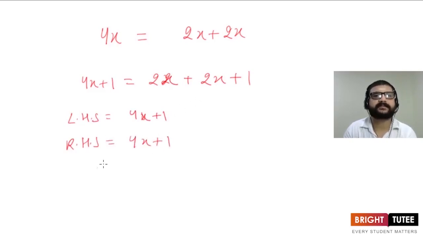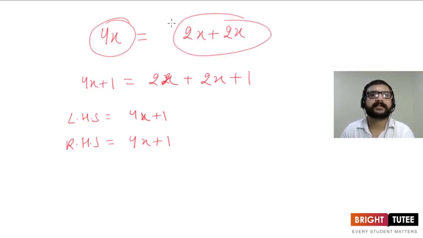So it will be 4x plus 1. So LHS is equal to RHS. The equation is balanced. Hence all these conclusions are true for equations including variables also. Whatever we are doing, we have to do on both the sides of the equation. The equation will remain balanced by doing that.